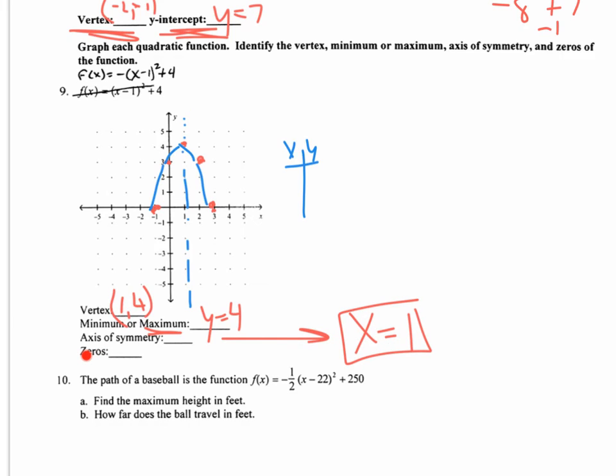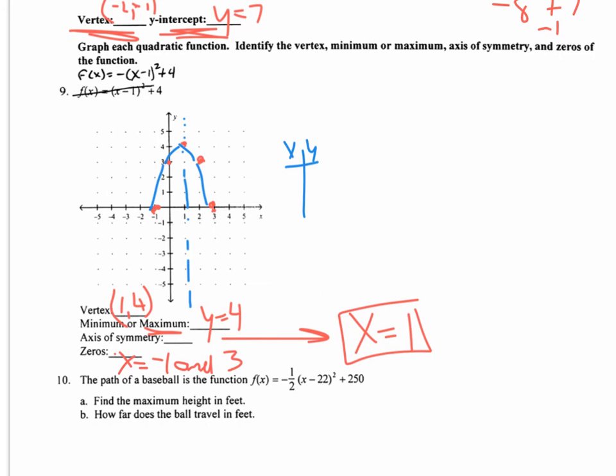Zeros are where the parabola crosses the x-axis. Zeros are x-intercepts. Clearly it crosses right here, and it clearly crosses right there. So it crosses at -1 and at +3. So the zeros, you could say x equals -1 and +3. Those are the zeros because those are the x-intercept values.